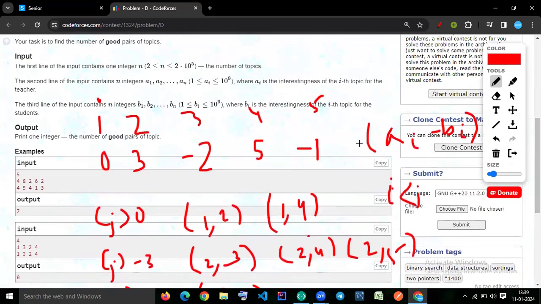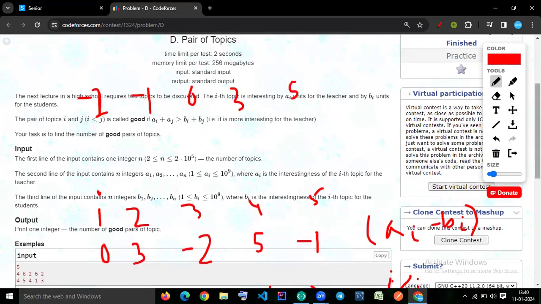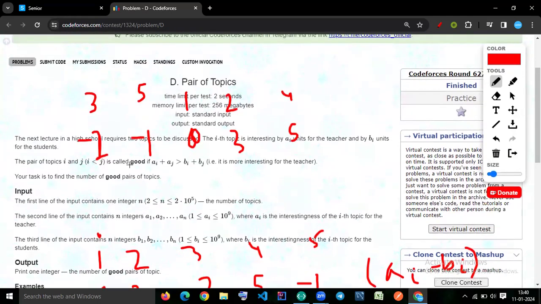If I sort the array, let's sort the array. What will happen? Minus 2, minus 1, then 0, then 3, then 5. Let's write the correct indices: this is the third index, this is the fifth index, this is the 1 index, this is the 2 index, this is the 4 index. If I pick this minus 2, we want to find a Cj greater than 2, and the only possibilities are 3 and 5.